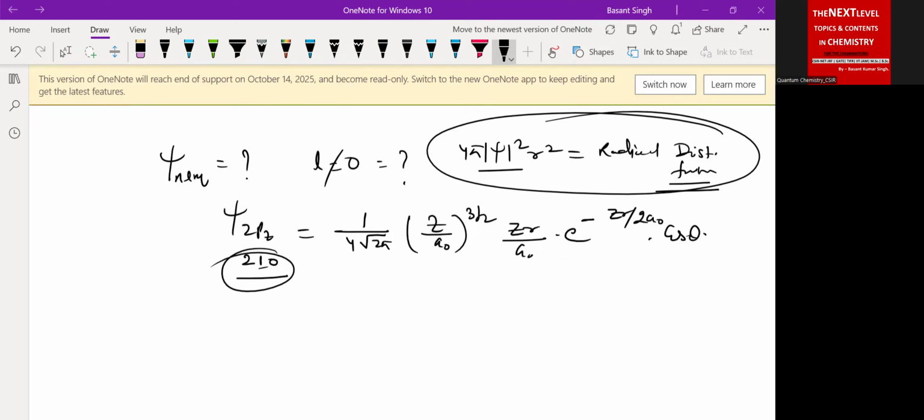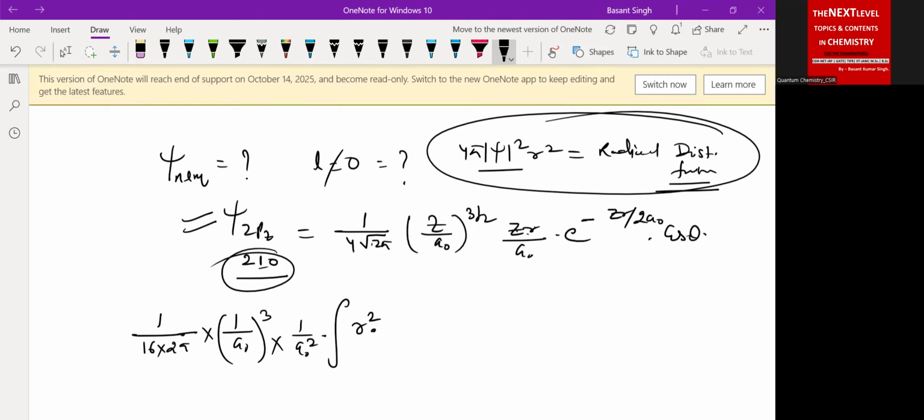So for the psi 2pz state, squaring this becomes 1 by 16 into 2 pi and into 1 by a naught cube into z is 1, so r by a naught, that is 1 by a naught square, taken outside the integration, and r square and e to the power minus 2r by 2a naught.